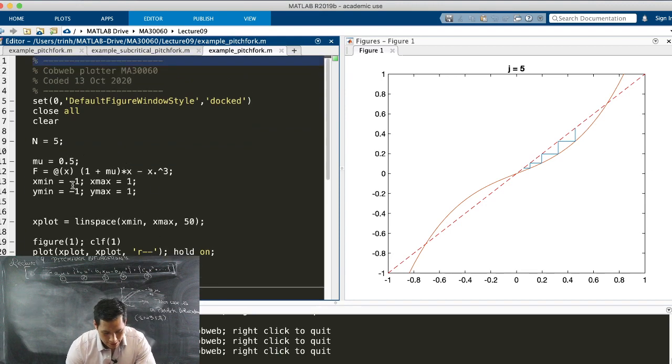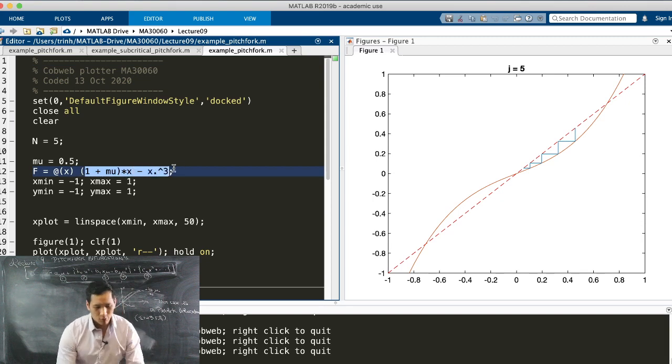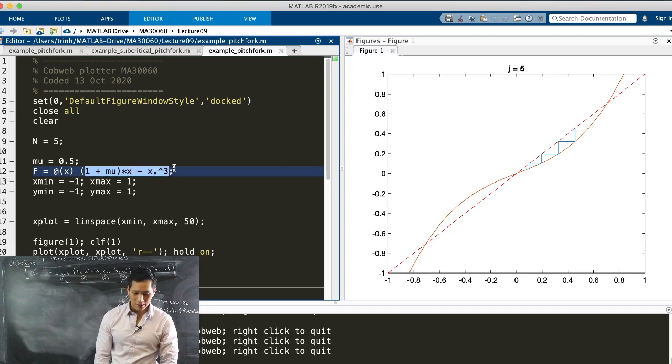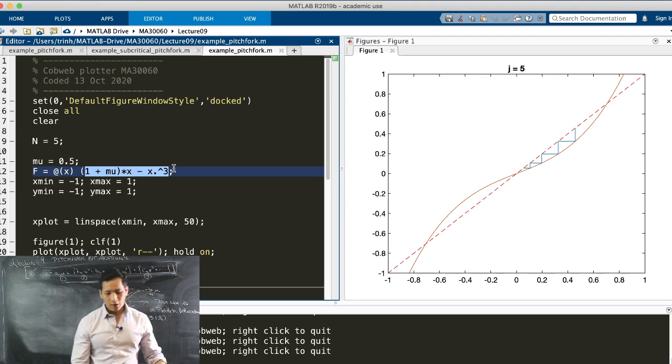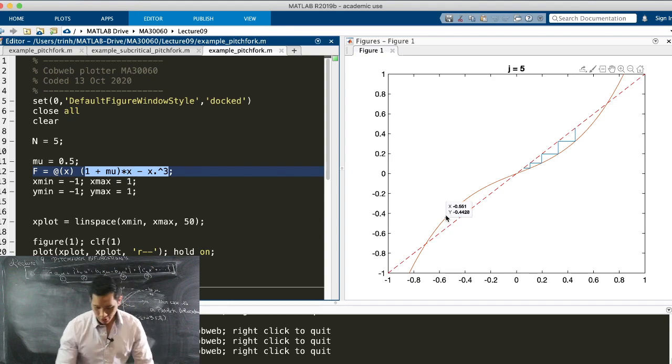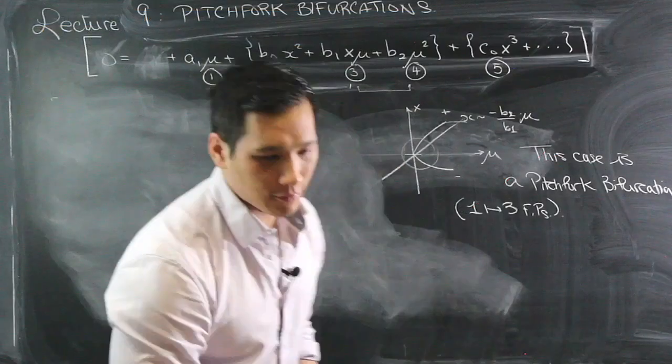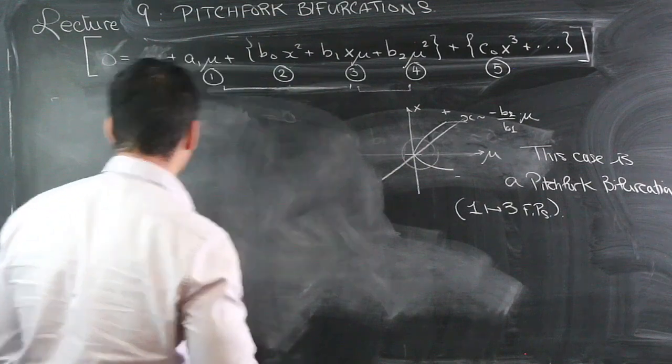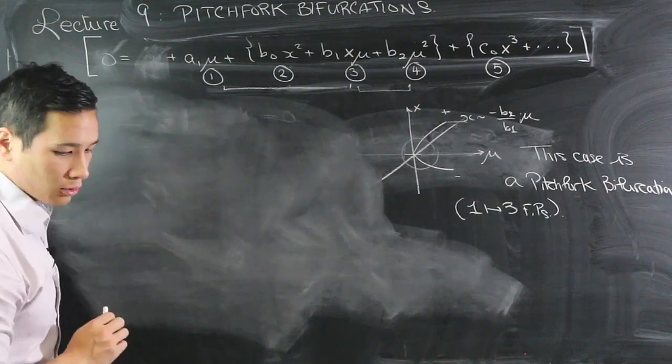This is an example where your cubic is given by this equation here, 1 plus mu times x minus x cubed. This equation always has x equal to 0 as a root, and, well, let's not do it all with math. I realized we should do this on the board first.